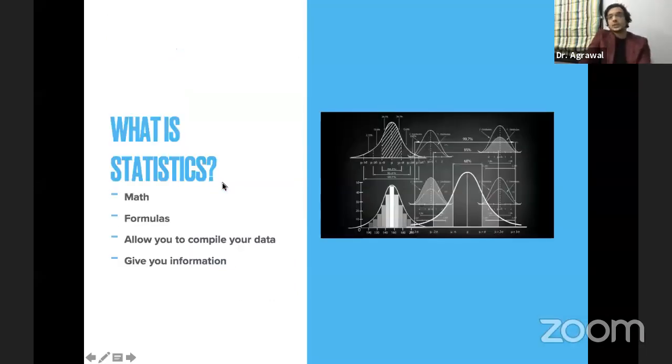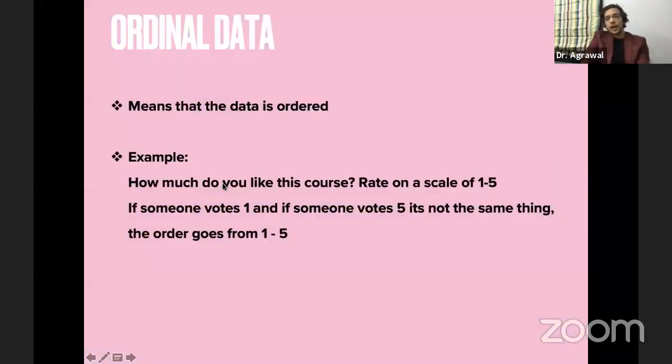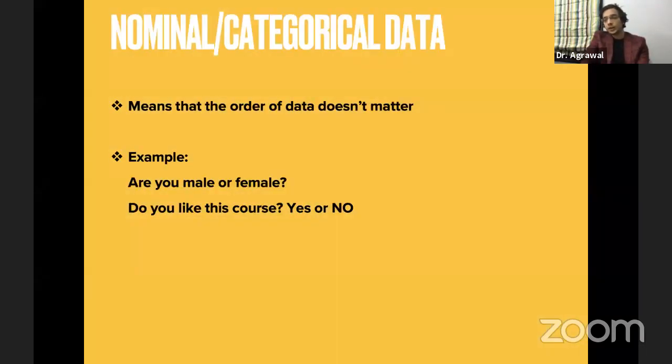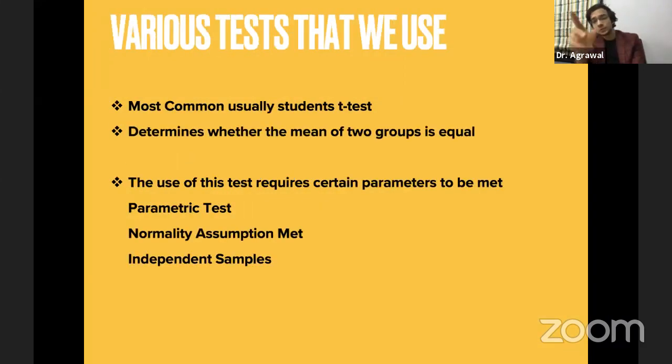So the person's name was actually William Gossett, and his teacher did not allow him to publish under his own name. So that's why he used the name student's t-test. It's nothing to do with a student, and the person who discovered it is not called student. Anyways, what a student t-test does is determine whether the mean of two groups is equal, right? Say there are group A and group B, and I have divided my study population. In group A, I'm giving 20 grams of salt.